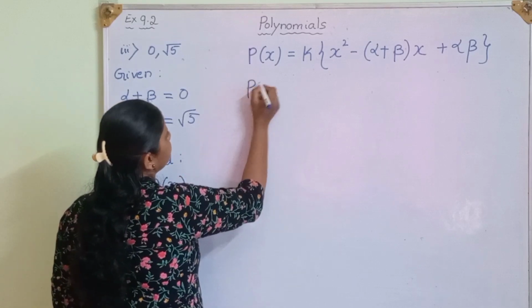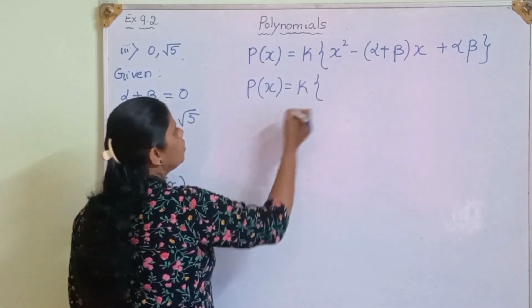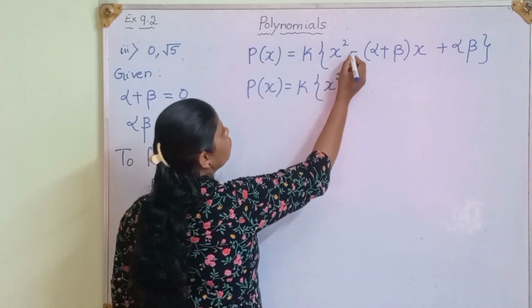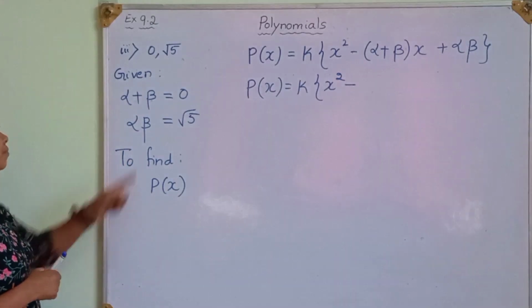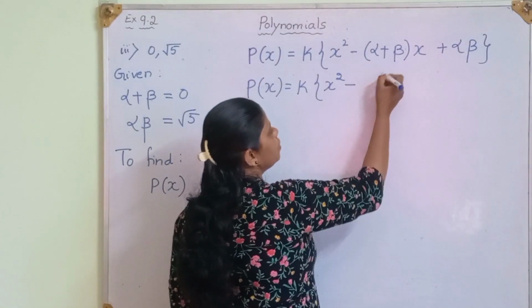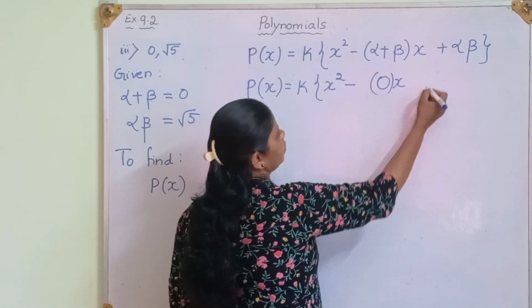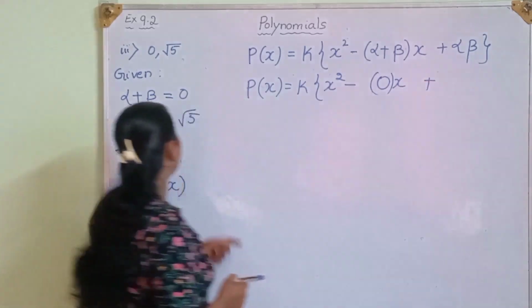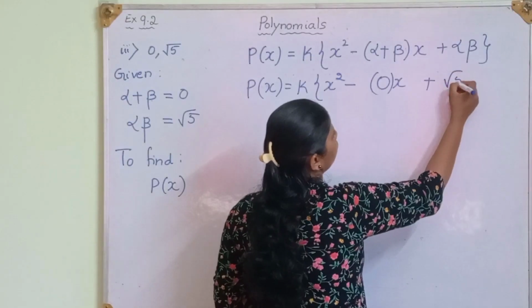Now look at this. P of x is equal to k into x square minus alpha plus beta, that is given 0. Alpha plus beta is 0, 0 into x. Okay? Plus alpha into beta, that is root 5.